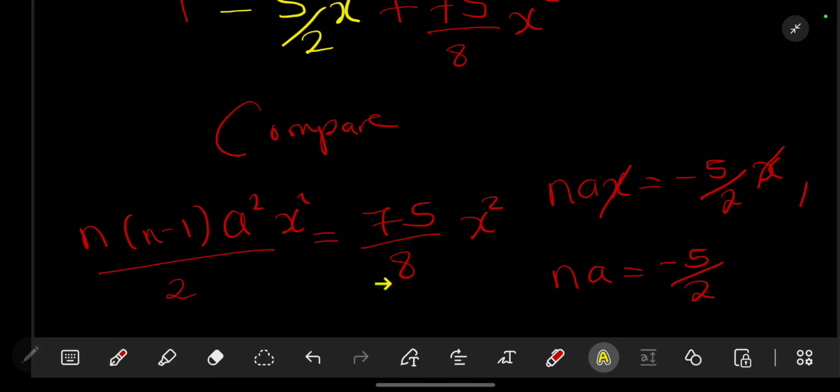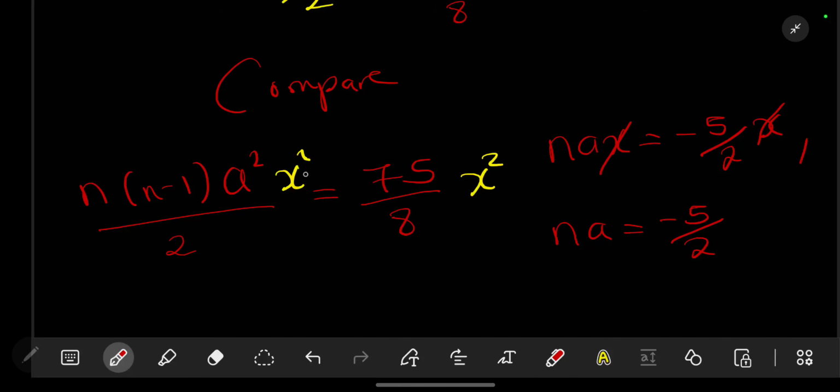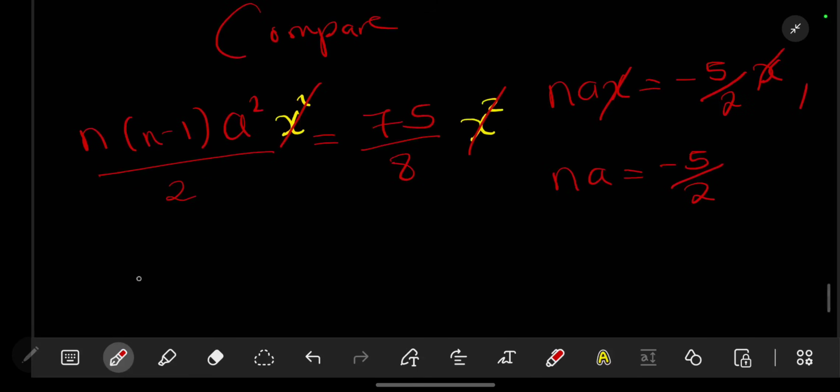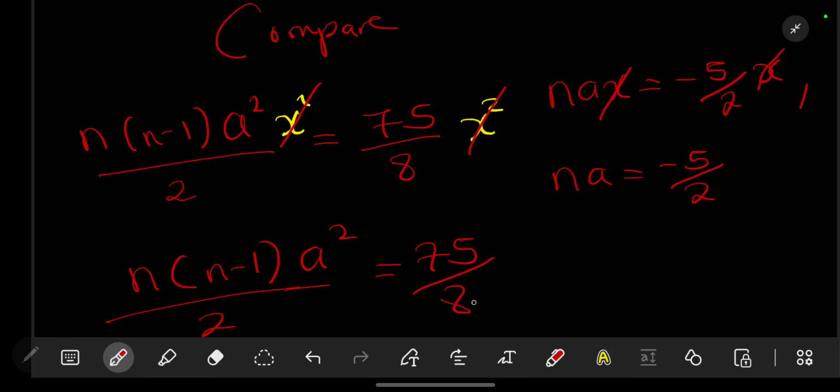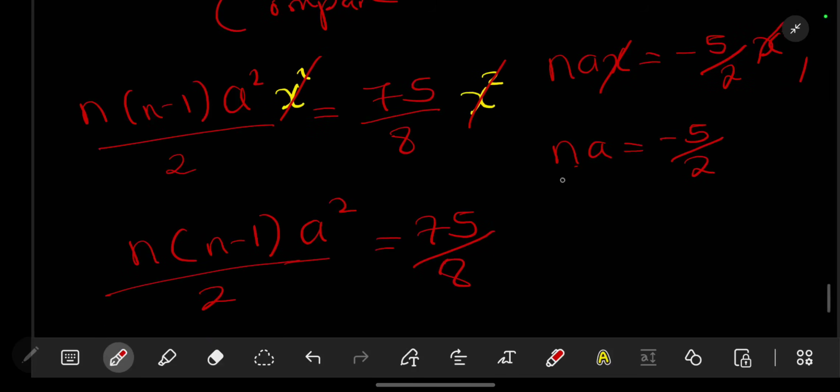The x squared is on both sides, so we cancel. So we have n(n − 1) a squared over 2 should be equal to 75 over 8. Now, knowing that your n is showing 2 times, you make a the subject of the formula so that you can replace it once.